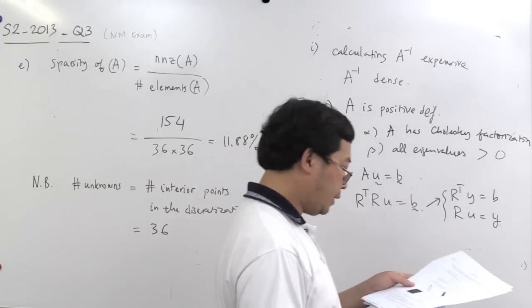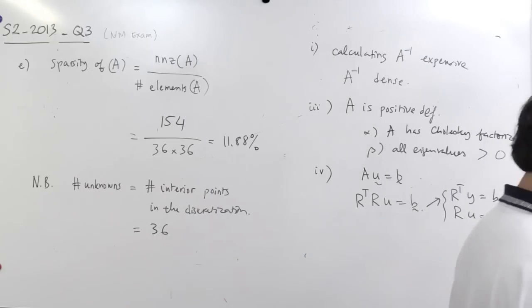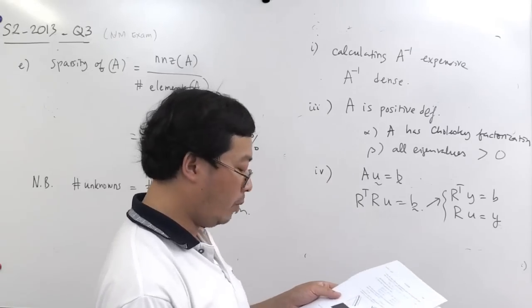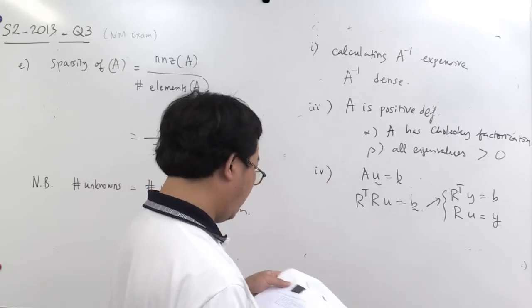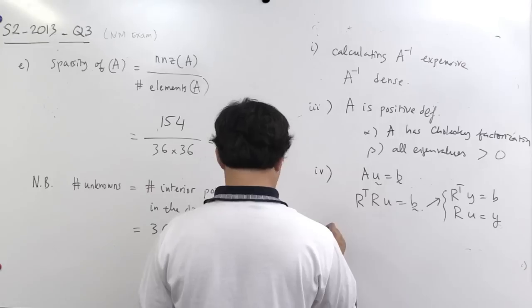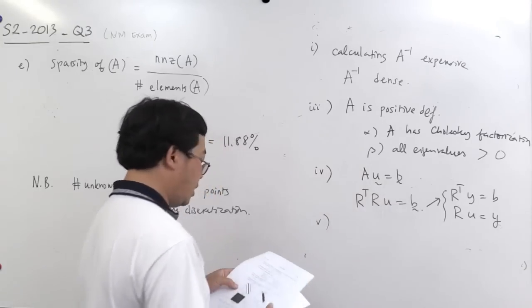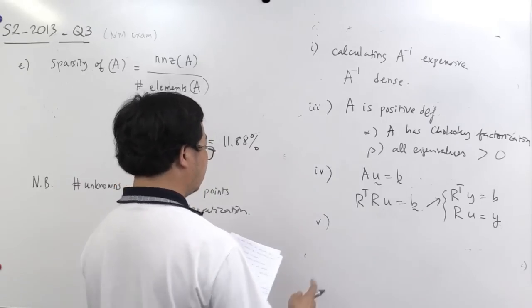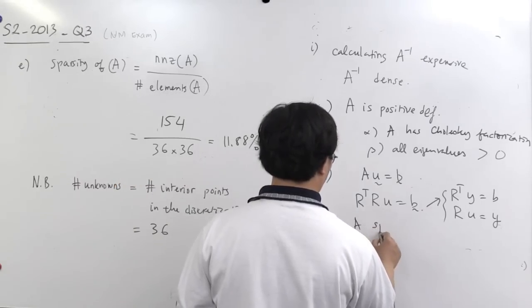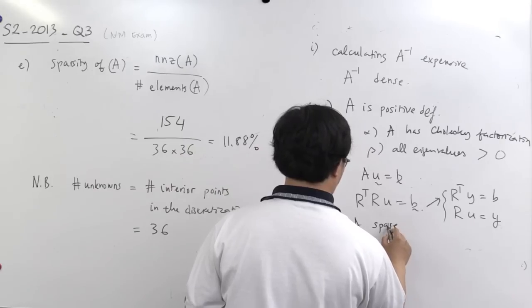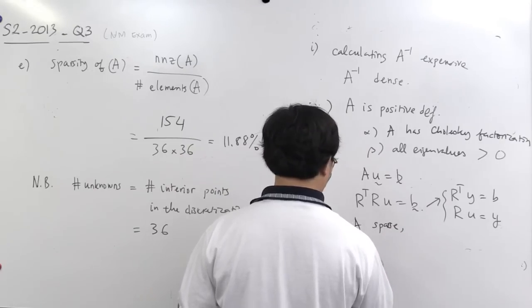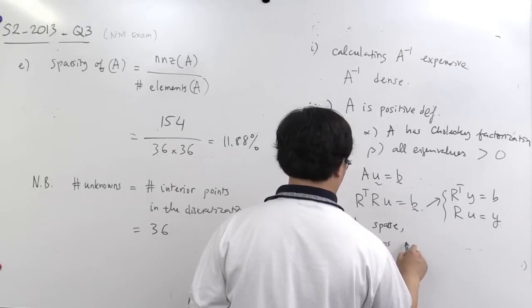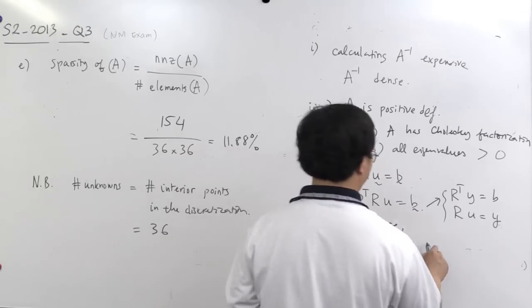The last question is, what other structures does A have that could make solving a linear system more efficient? Here, if you look at the structure again, you can say that A is sparse and it has non-zero elements on the diagonals.